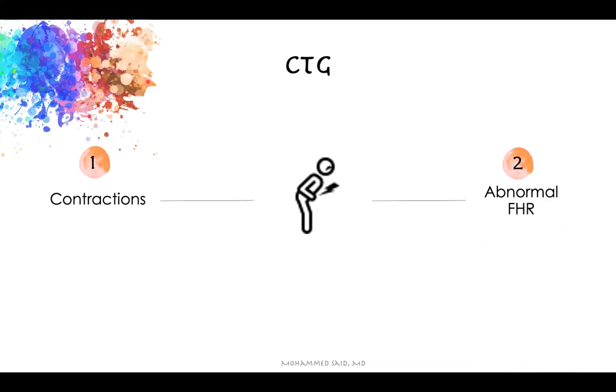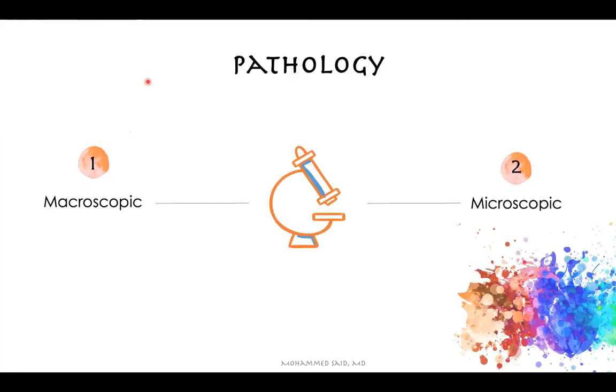The second thing is just the fetal monitoring, because you can actually have abnormal fetal heart rate patterns with the placental abruption. The last thing that can help you is when you send the placenta to pathology, they're going to have a macroscopic picture, a microscopic picture, and then eventually diagnose the placental abruption.